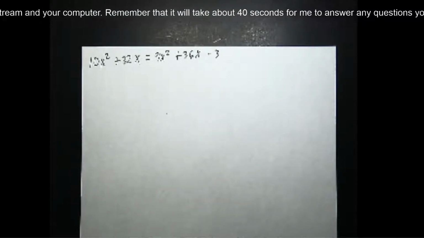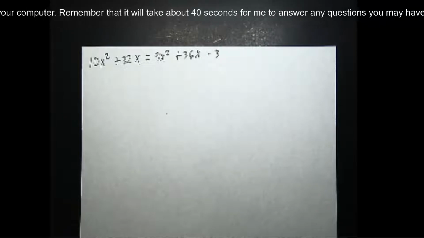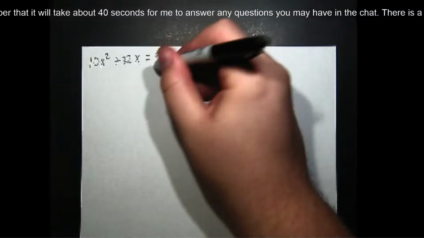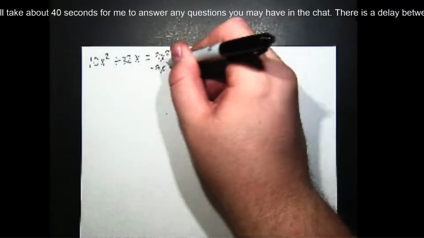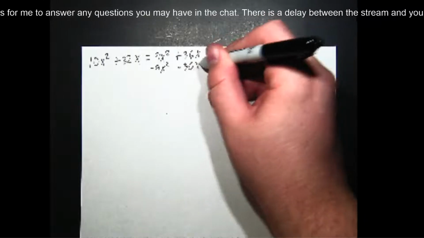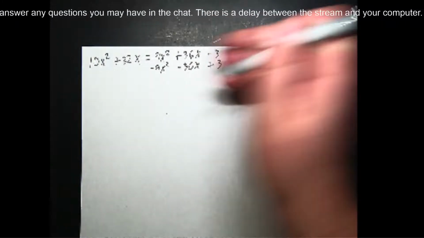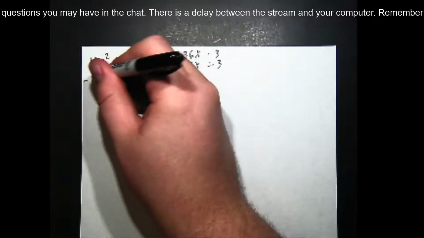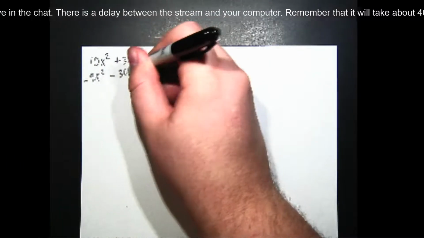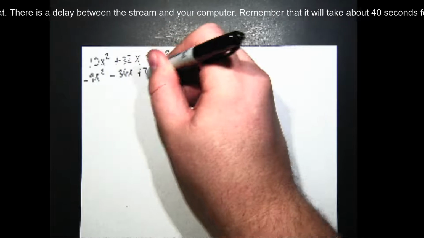The first thing we want to do is consolidate everything, get everything on one side and equal to 0. So I'm going to subtract 9x squared, minus 36x, and plus 3. Bring all that to this side.